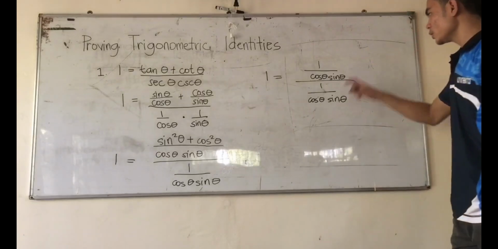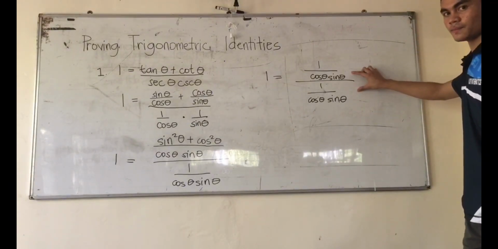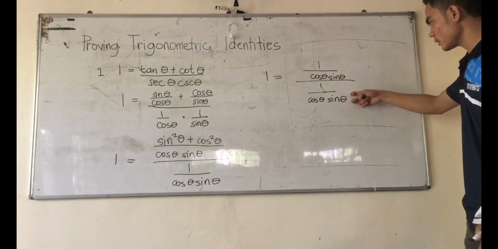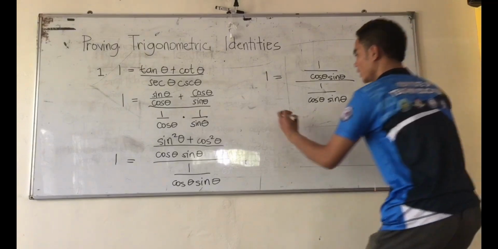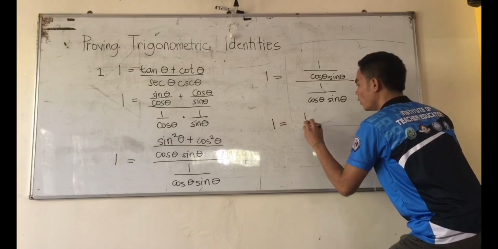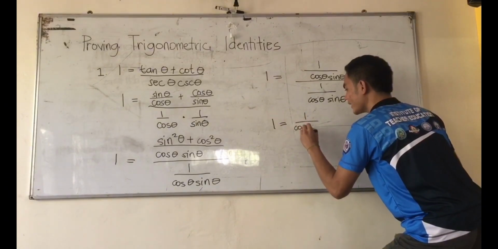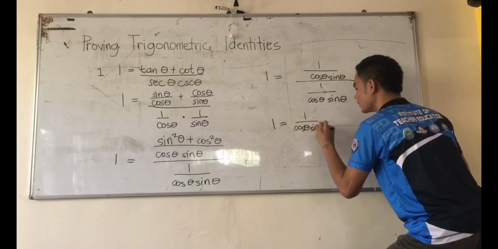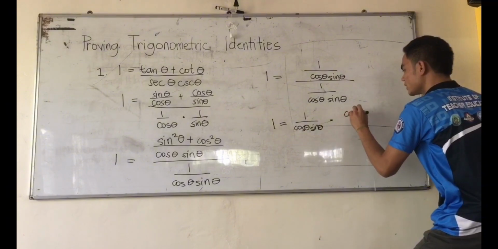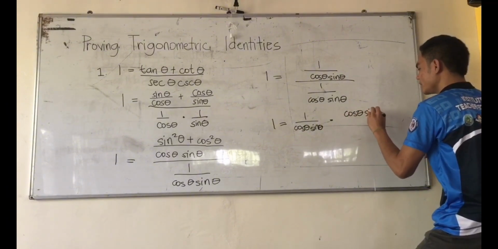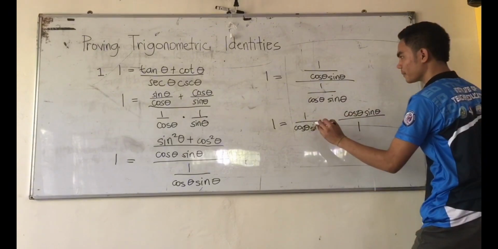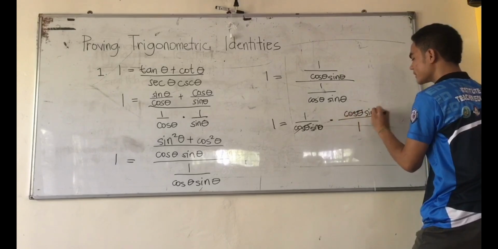And to solve this form, we need to use the reciprocal of this denominator. So it must be 1 is equal to 1 over cosine theta sine theta times the reciprocal of this, which is cosine theta sine theta over 1. So we cancel out the cosine and the sine.